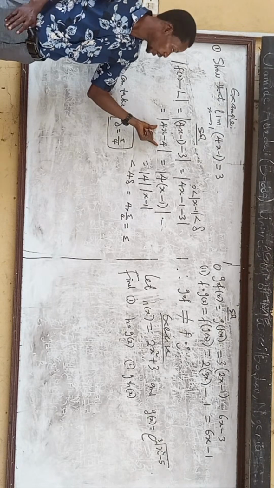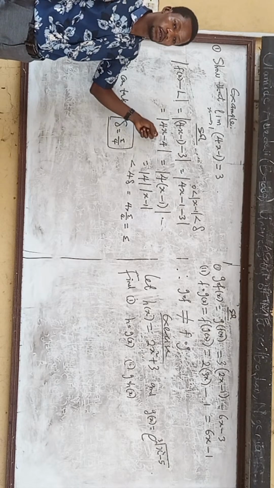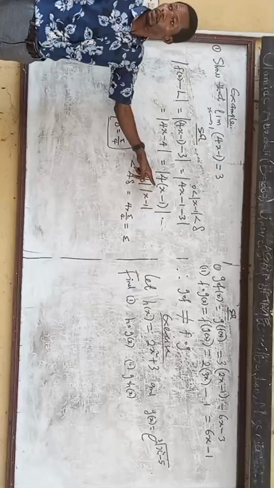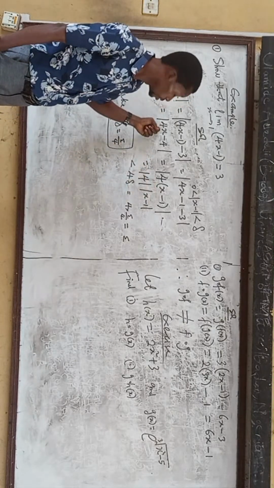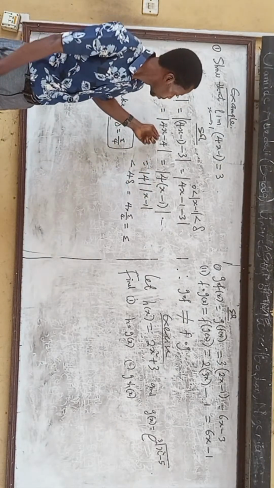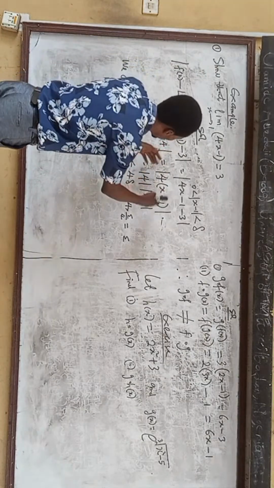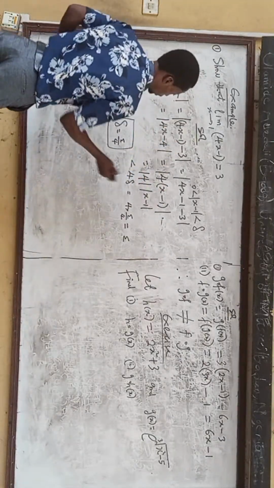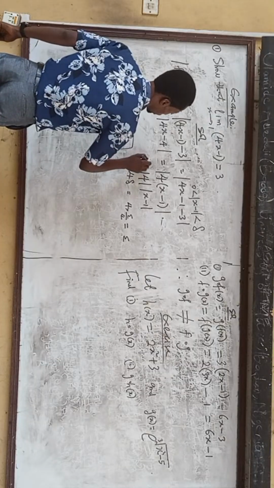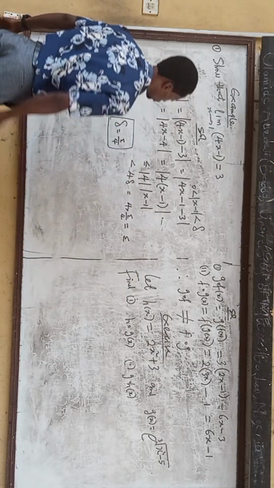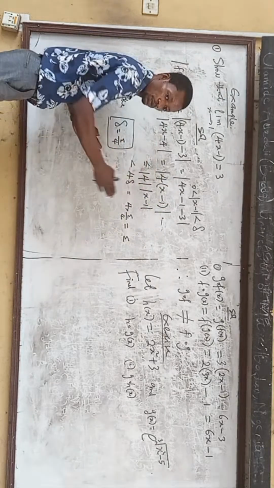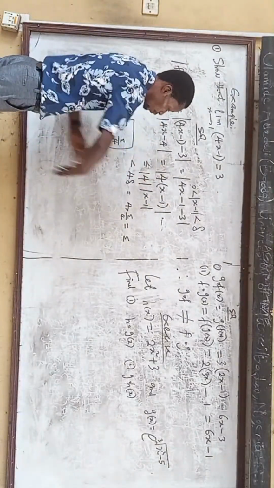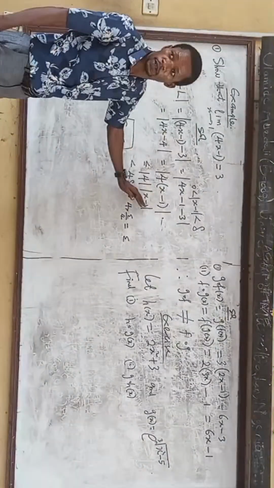If you factorize, what is common to this and this? You bring it out, then solve that. If you open this, you get it back. Then if you take the absolute value of this, here should be something like less than or equal to. If you take this absolute value, you can break it on the product: the absolute value of 4 and the absolute value of x minus 1.